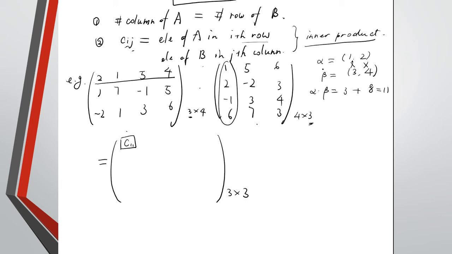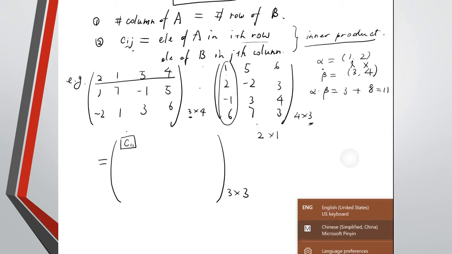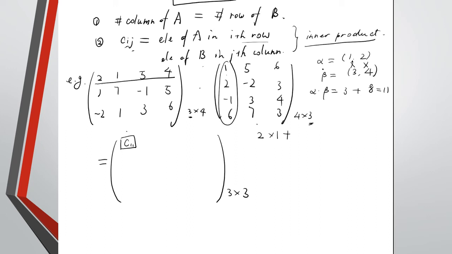So for this one, we have 2 times 1, okay, this is 2, this is 1, right? And then we have plus 1 times 2, and plus 5 times minus 1, and then plus 4 times 6.